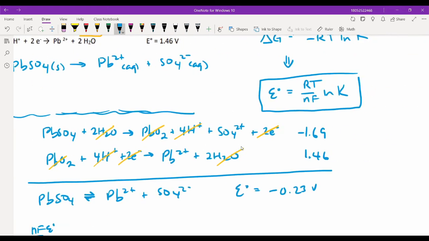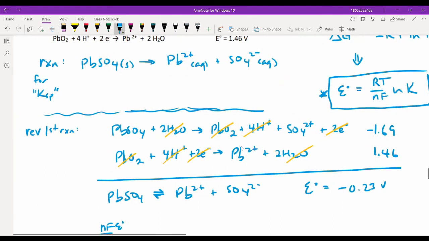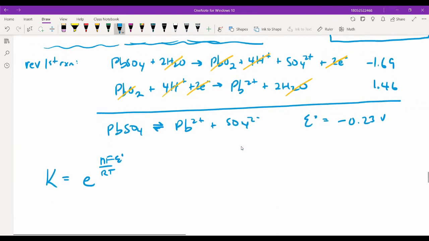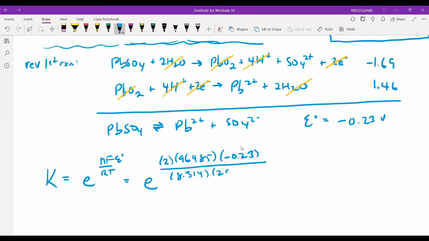So again, taking this one here, solving for K, NF E naught over RT. And we can then plug in everything. We know that the N value is going to be 2. Faradays. We have our potential in volts. It's a negative number. And then R, 8.314, and then 298.